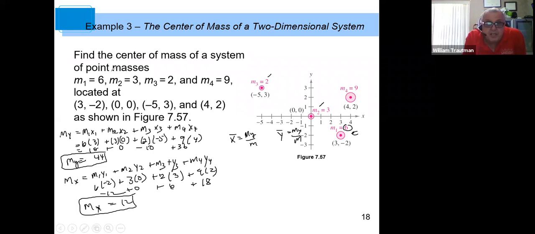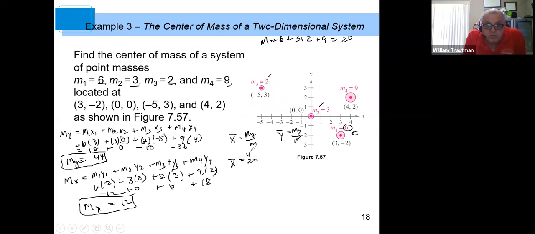Let's find the m's. Let's add up all our masses. M equals 6 plus 3 plus 2 plus 9. 11, 14, m is 20. If I add up all the masses, I get 20.